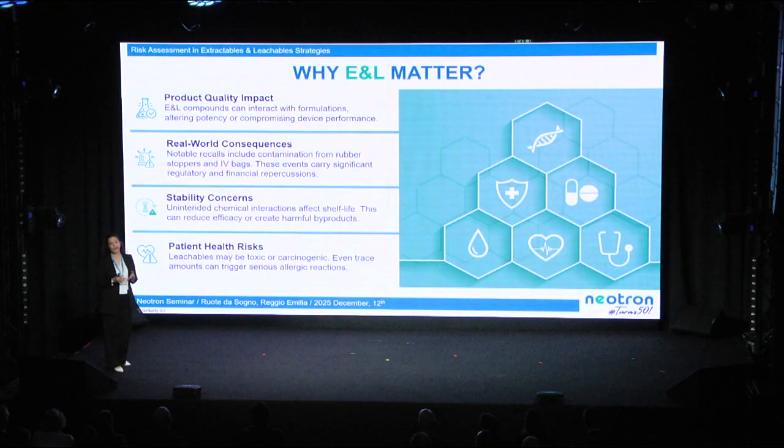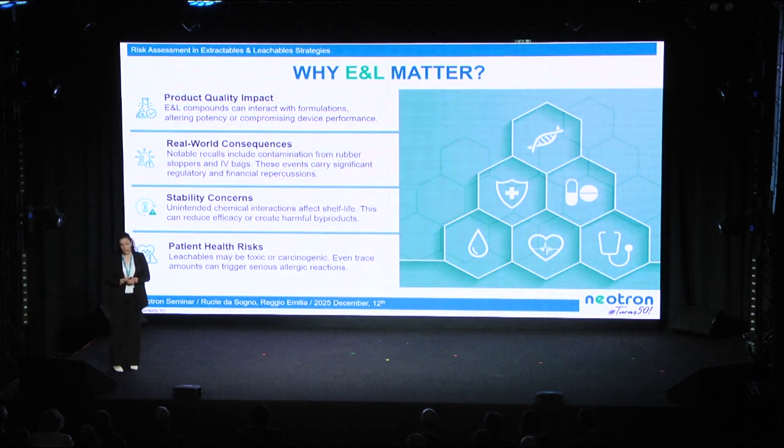So it's quite important to understand and identify them. And of course, we can have real-world consequences. So the worst case can be, for example, a recall of the drug product due to this kind of contamination.